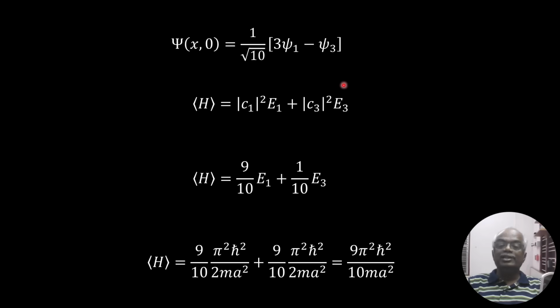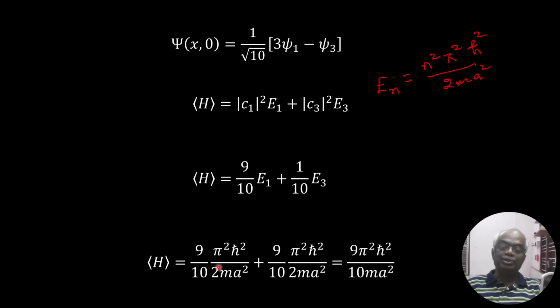So we know the relation E sub n is equal to n squared pi squared h cross squared over 2ma squared. So in the first case, 9 over 10 E1, n equal to 1, means you will get pi squared h cross squared over 2ma squared. Next, for E3, n is 3, n squared is 9.